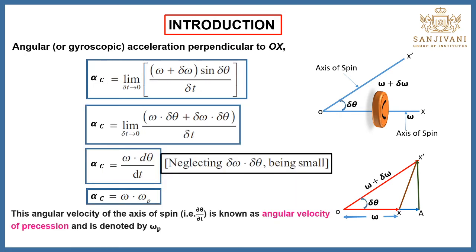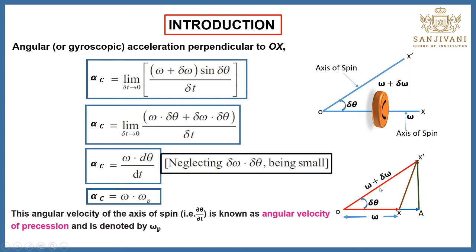Now let's consider the angular acceleration or the gyroscopic acceleration, which is alpha c. Again, we need to consider the component which is perpendicular to this OX, which is the AX dash. Just consider this right angle triangle OAX dash, in which delta theta is the included angle between omega and omega plus delta omega.